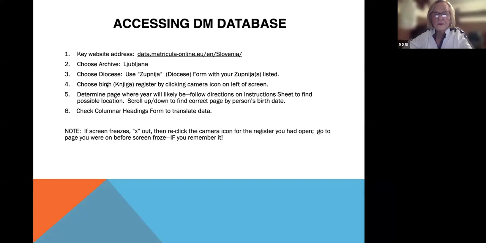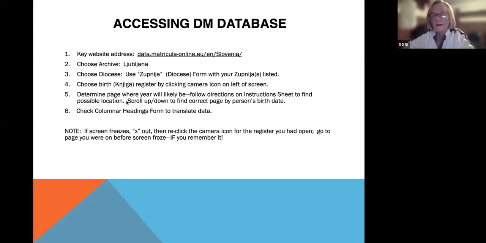You choose the birth register, name the Knjiga, by clicking on the camera on the left of the screen. And you determine the page: on the right-hand side of the screen are the page numbers from 1 till the end of the number of pages. Follow the directions on the sheet to find the possible locations. Don't make the mistake of going down page by page, 1, 2, 3, 4, 5.